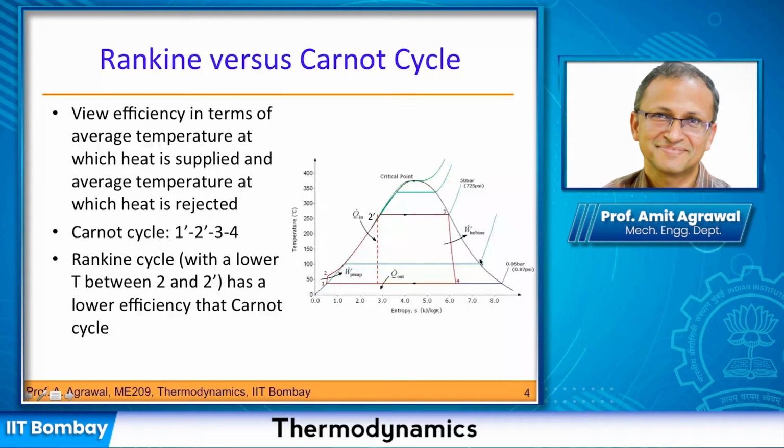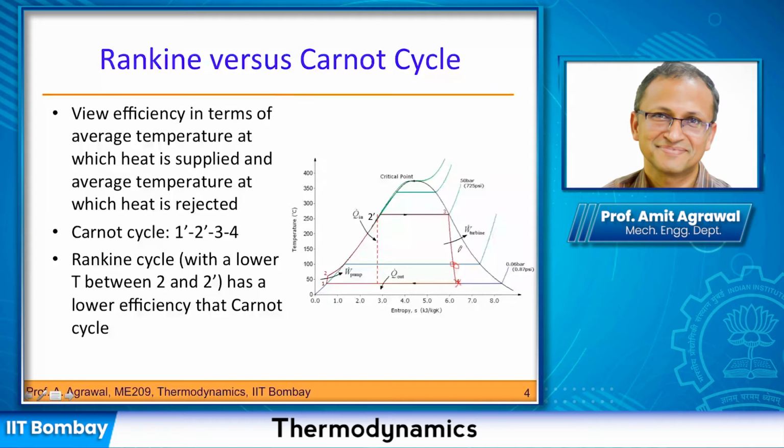One is this pressure level here, and the other one is this pressure level. So one you can stop here, or you can stop here. So this is at one pressure level, this is another pressure level. Which one do you choose and why?